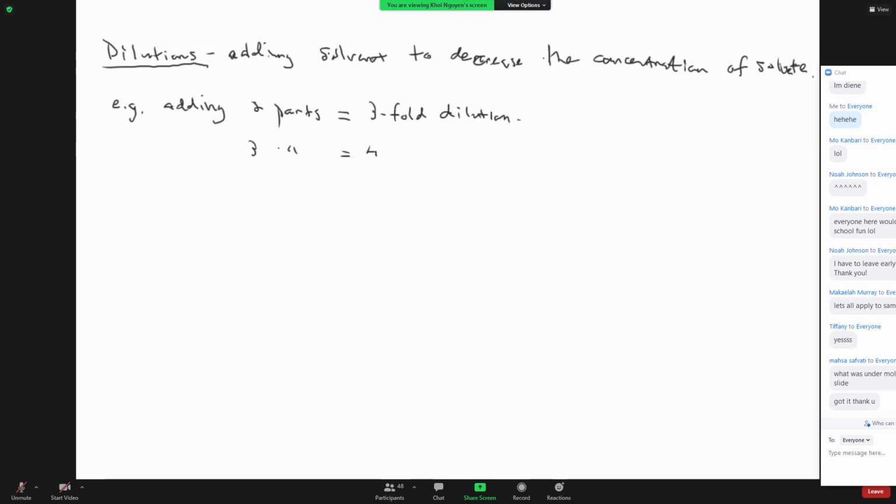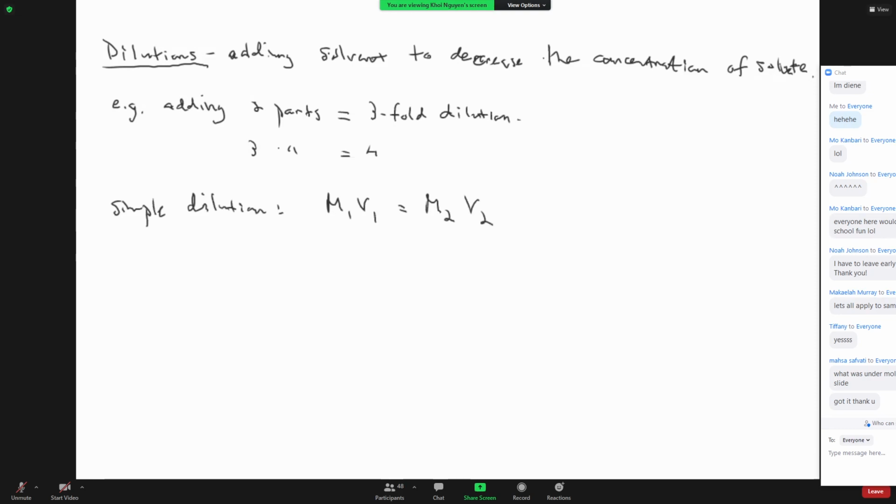The equation for simple dilution is simply molarity times initial volume is equal to new molarity times final volume, right?